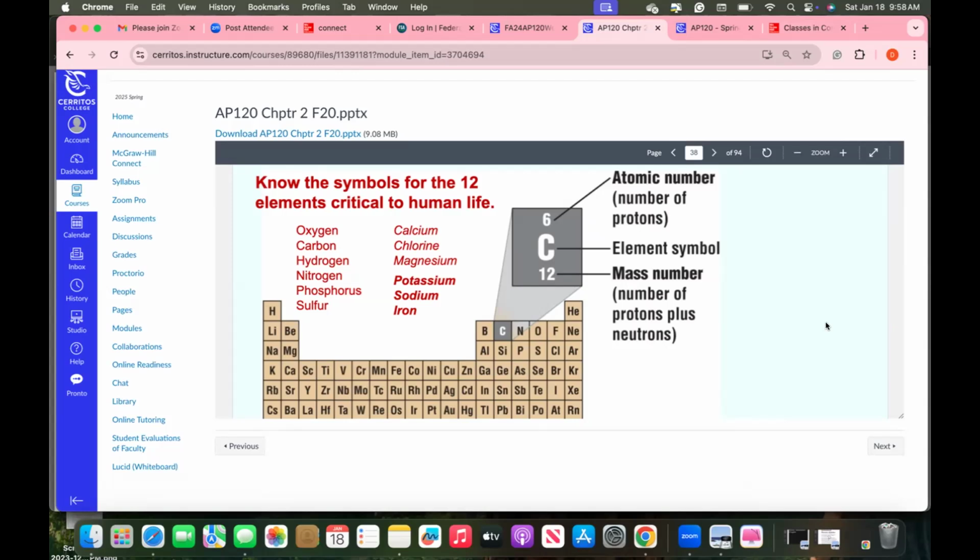So iron is Fe, and we're going to talk about that. But those are your elements: oxygen, carbon, hydrogen, nitrogen, phosphorus, sulfur, calcium, chlorine, magnesium, potassium, sodium, and iron. Okay? Go ahead and scroll up.